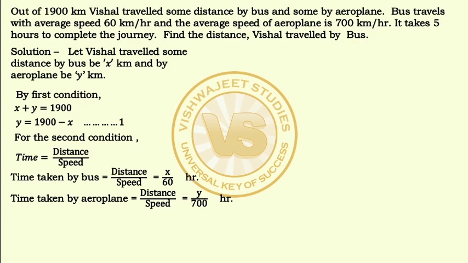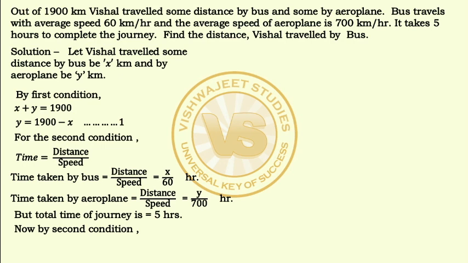So its time is y upon 700 hours. But here the total time of journey is 5 hours. After applying the second condition, we get the equation as time taken by bus, x upon 60, plus time taken by aeroplane, y upon 700, is equal to total time, that is 5 hours. So we get the equation x upon 60 plus y upon 700 is equal to 5.